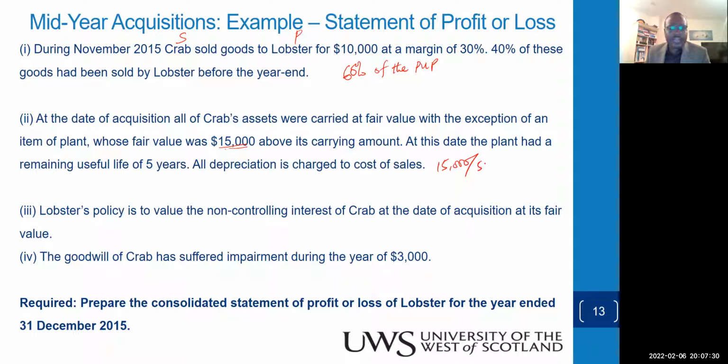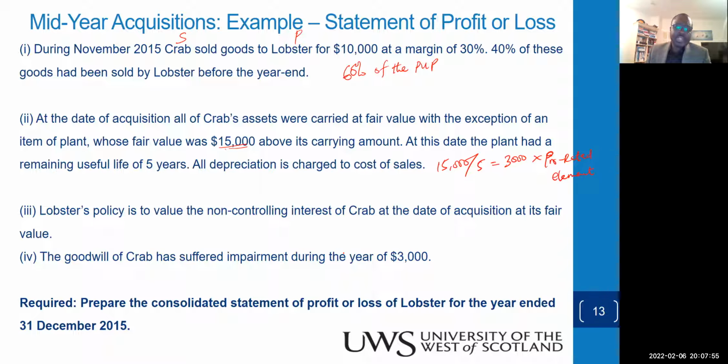That's a depreciation element. Typically you would have just had your 3,000, am I correct? Yes. But remember, depreciation for the whole year, we need to prorate. That's a prorated element, the 9 over 12.